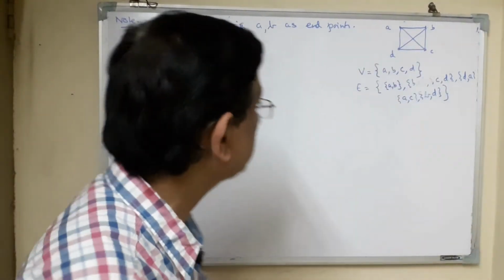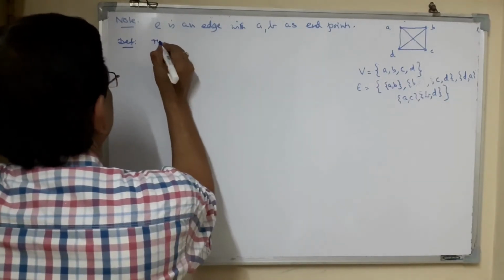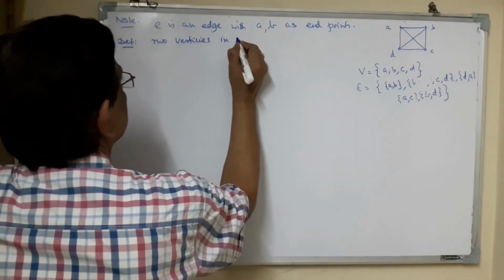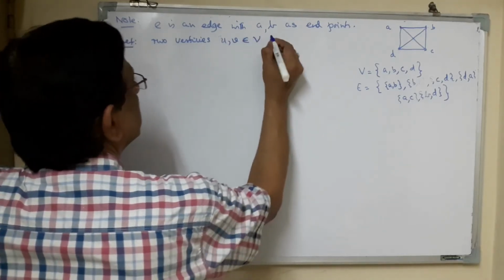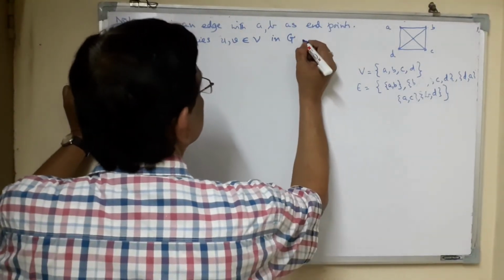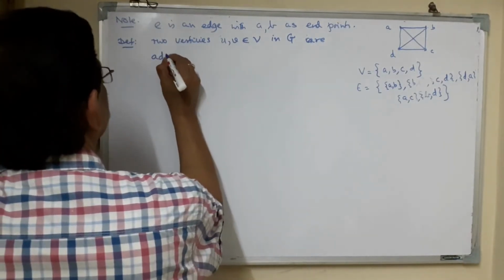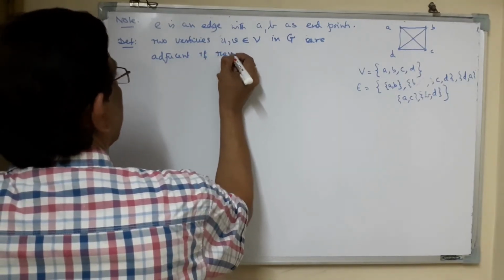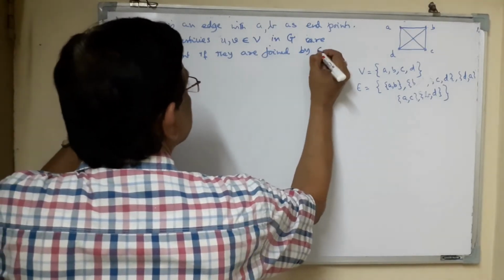Now, let us define adjacency. Two vertices, namely U and V, belonging to V in a graph G, are adjacent if they are joined by an edge or a line.